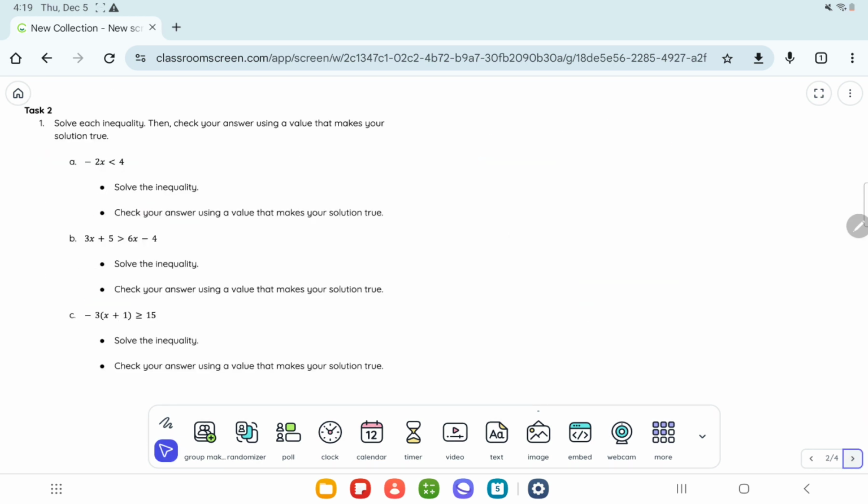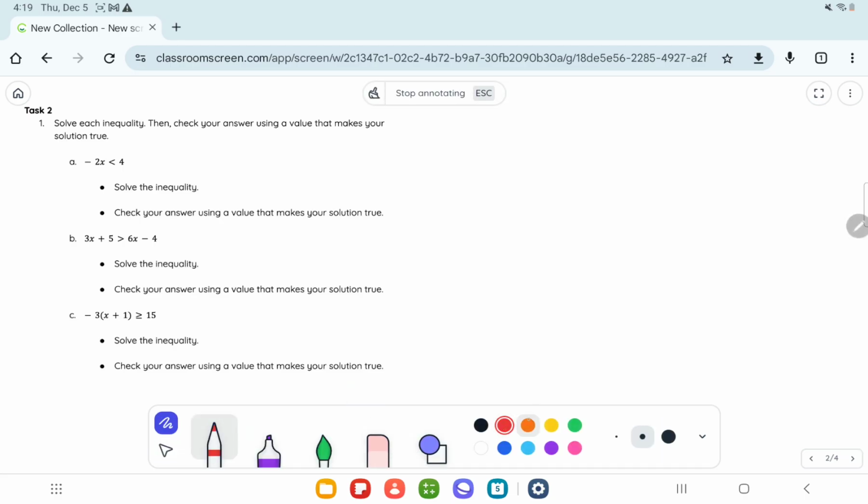All right, for task 2, part 1, you are solving each inequality, then checking your answer using a value that makes your inequality true. So again, I will start with A. So for A, we have negative 2x is less than 4.